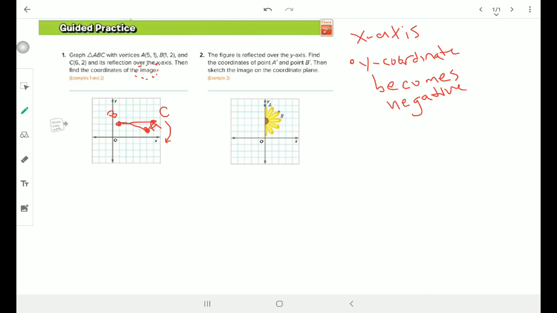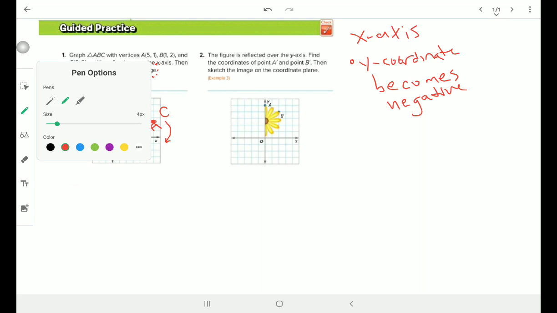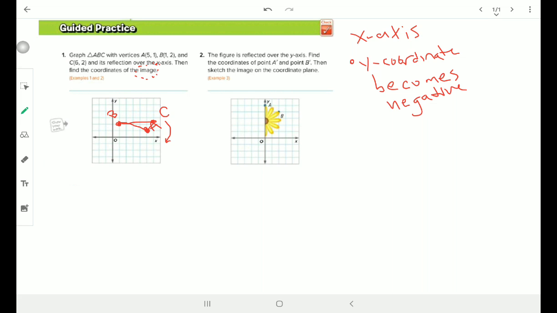Okay, so if this is flipping over the x-axis or reflecting over the x-axis, let's start with point A. So let me change colors. So point A is going to reflect, so it's one space away from the x-axis, so it's only going to reflect one space away below it. And this is now going to be A prime.